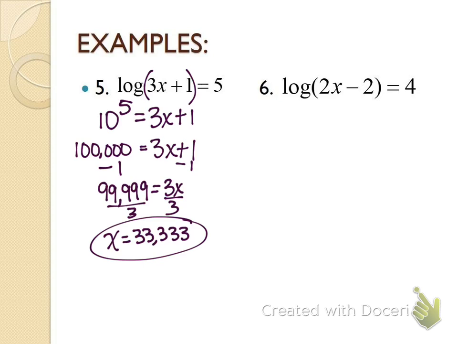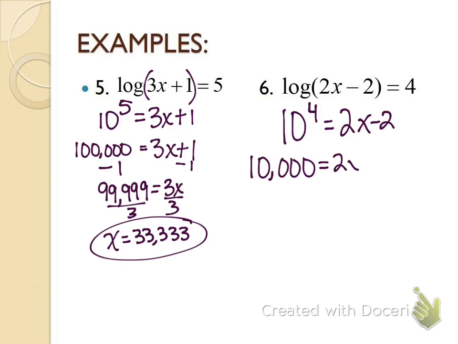Okay. So, same kind of thing on this next one. Because of those parentheses, there's really nothing I can do to change this except go to exponential form. So what is my base? 10. My exponent? 4. And that's set equal to 2x minus 2. 10 to the 4th is 10,000.